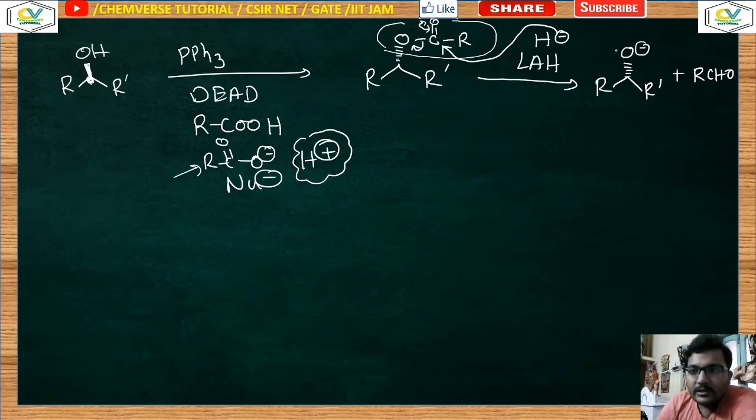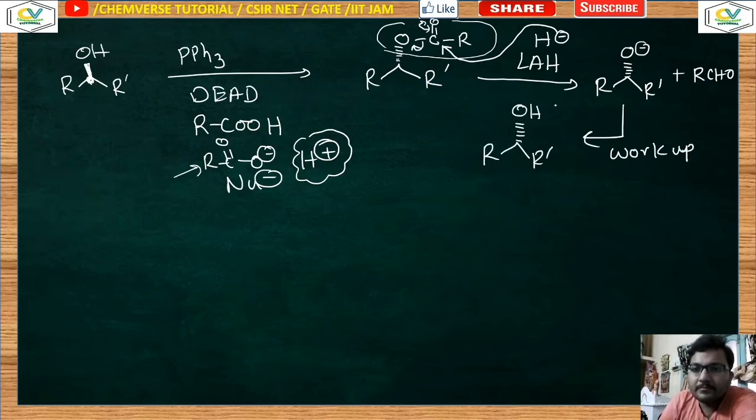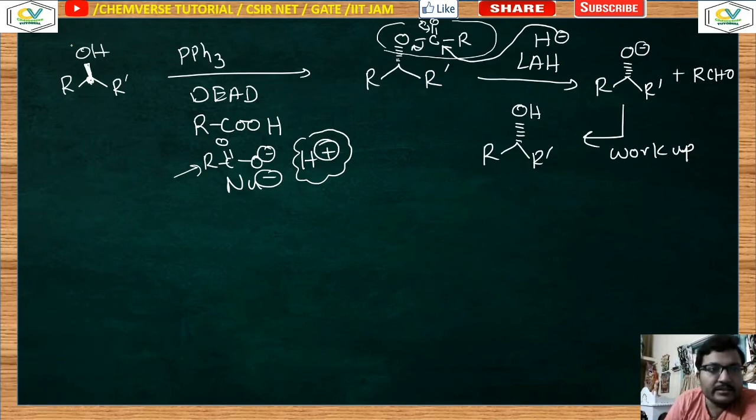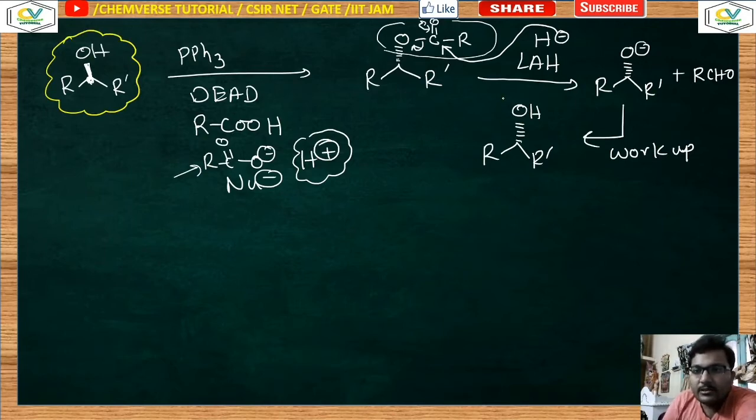Now look at this molecule. After workup in aqueous medium, what will you get? You will get this kind of system. So from the starting material, you can see that OH is in the above position. Now you are converting it into the below position. So this is a very useful utility of this reaction.